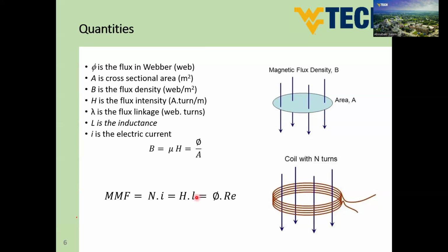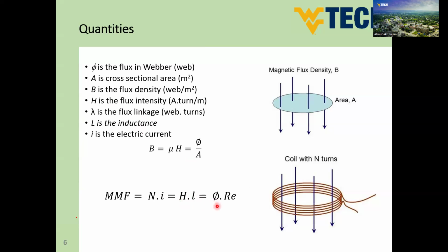Also, from the magnetic side, it can be calculated in 2 different ways. The first way is H times L, where H is the magnetic flux intensity, and L is the average length of the flux line.